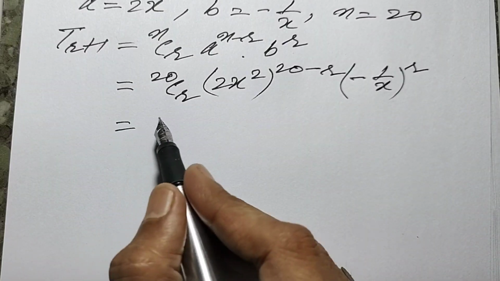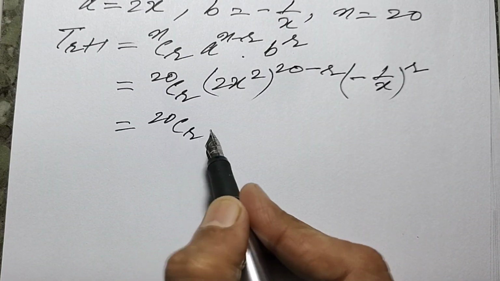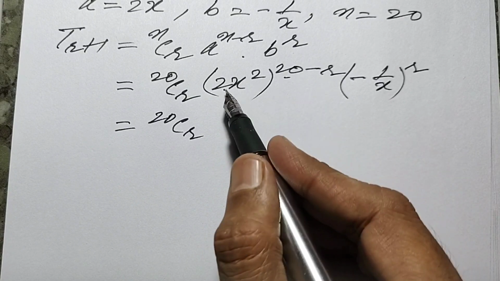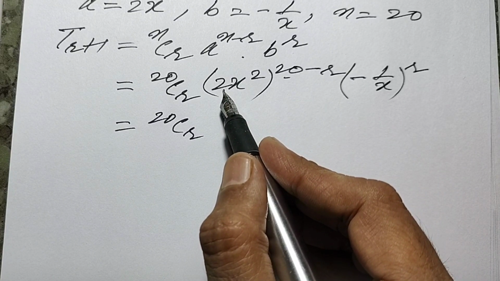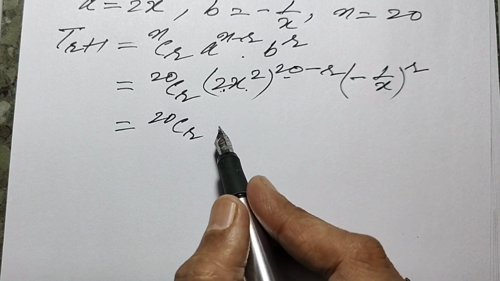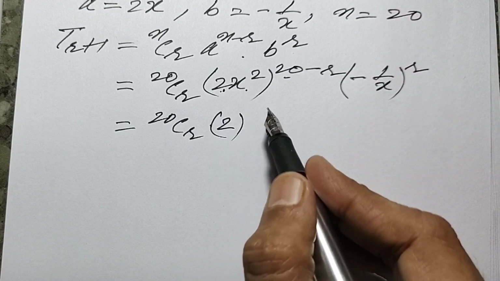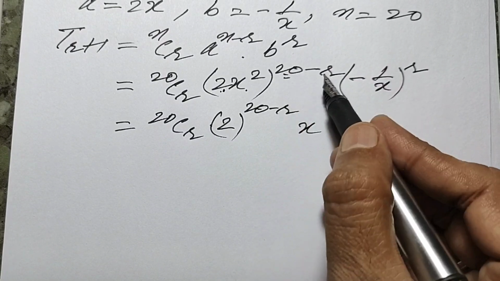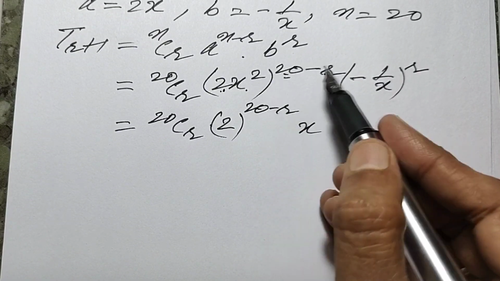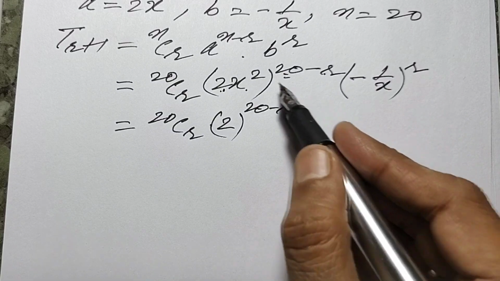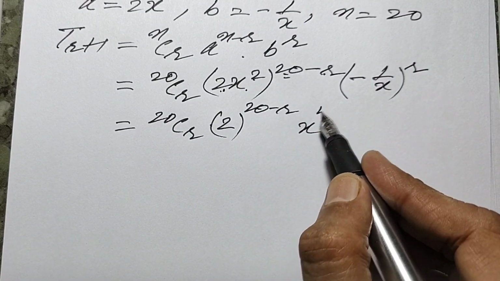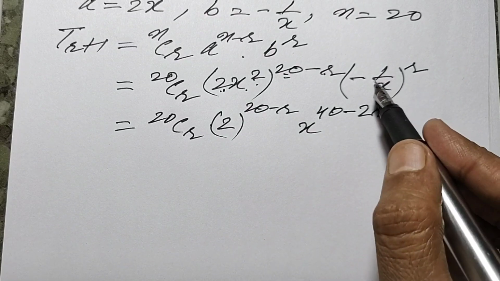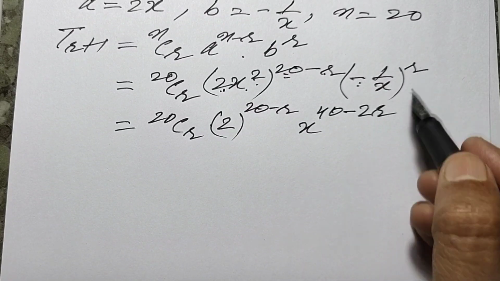Now simplifying this, we have 20Cr. Here if we open up this bracket, this power 20 minus r will go on both the numerical factor and the variable factor, that is 2 raised to the power 20 minus r and x square raised to the power 20 minus r. Then the exponents of x will be multiplied together and we have 2 into 20 minus r, 40 minus 2r. And here we have (minus 1 upon x) raised to power r.